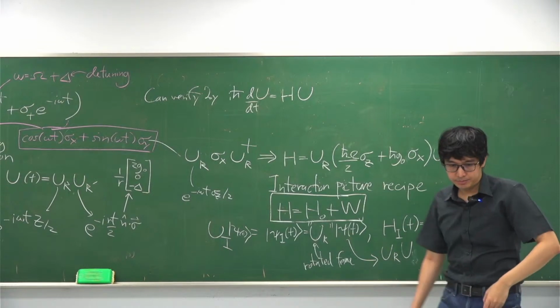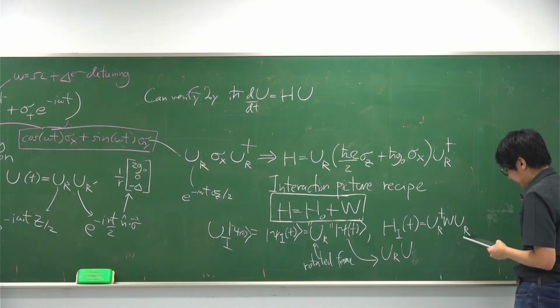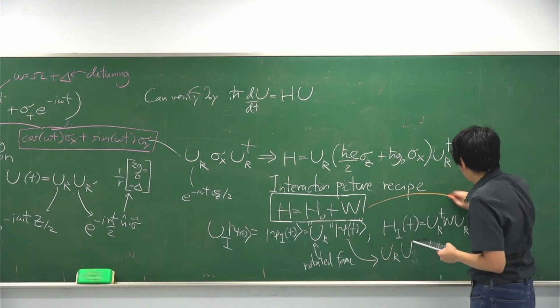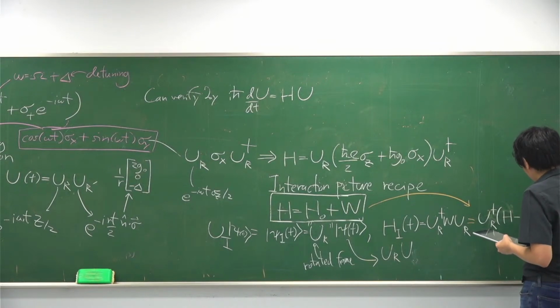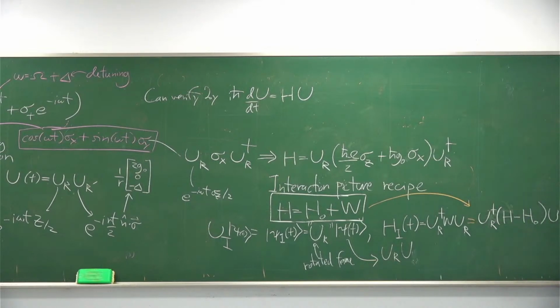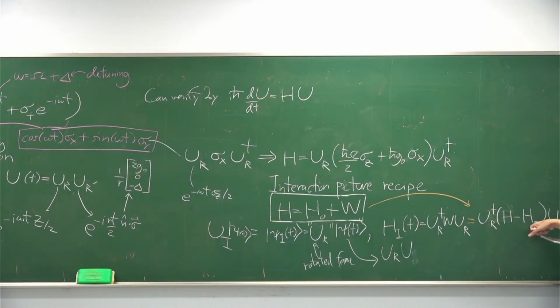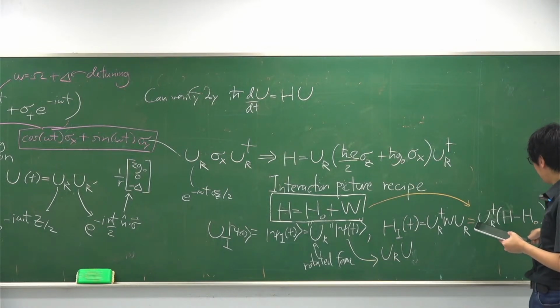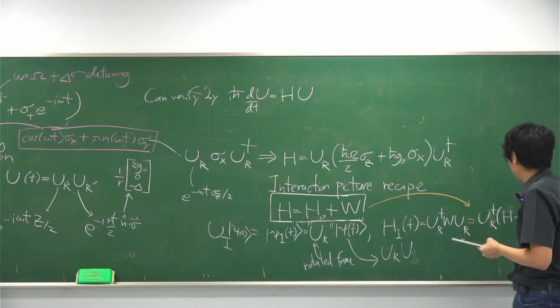And so if you do that, then from this formula and from that, I can write that the Hamiltonian in the interaction picture is this, where H naught here would just be whatever that is, exponentiated with U_R, right?